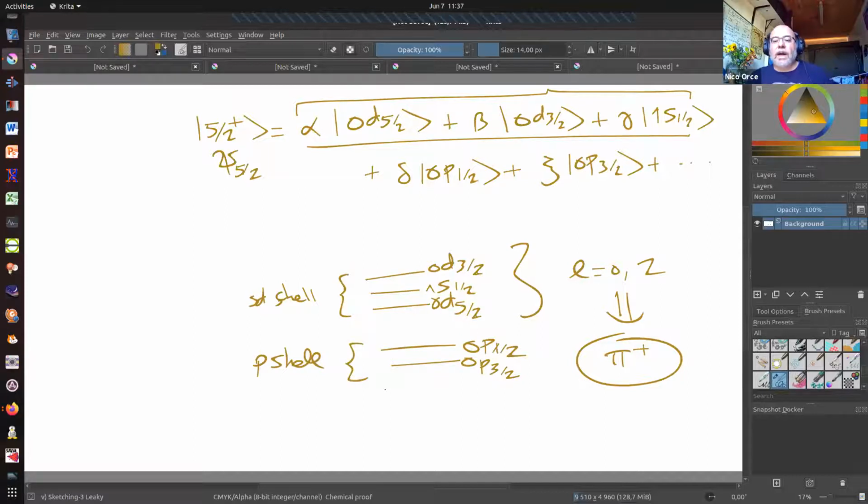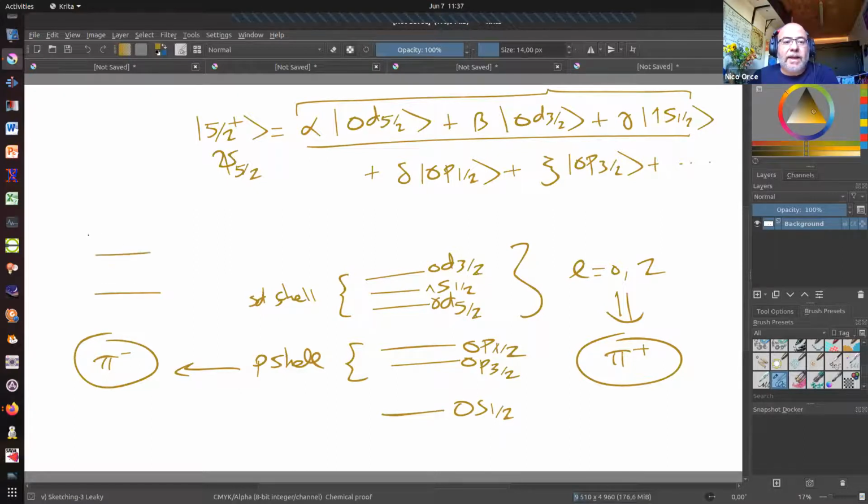This one allows a negative parity, and this is why we have a hint that in oxygen 17, this 1/2 minus actually comes from the p shell, right?